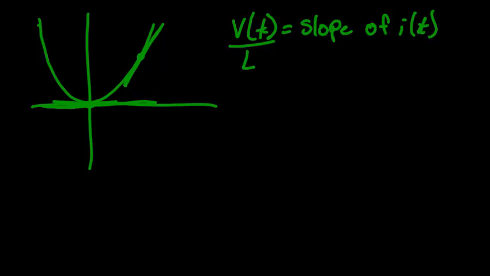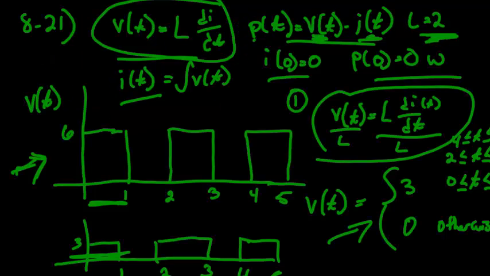Because we originally have V of t, right? Let me rewrite this. This graph right here is V of t over L. But isn't it 3? Exactly. It is 3. That's all it is.